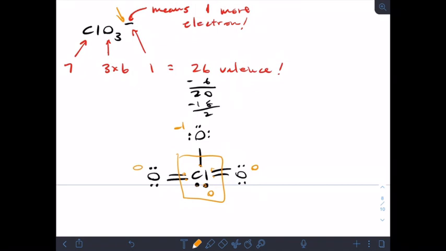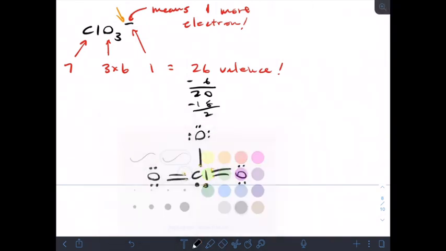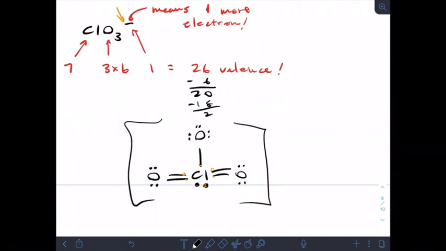Now my chlorine also has a 0. My goal is to get the lowest set of formal charges. Great. So now I've got all zeros and a single -1. Everything's happy. So here is my final drawing, and I need to encase it in brackets because it's a negatively charged ion.